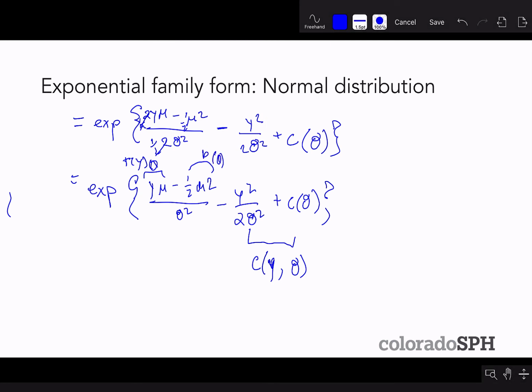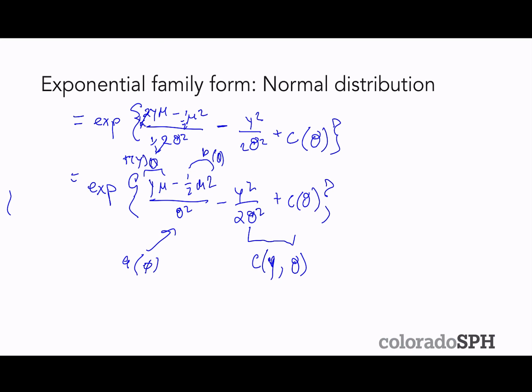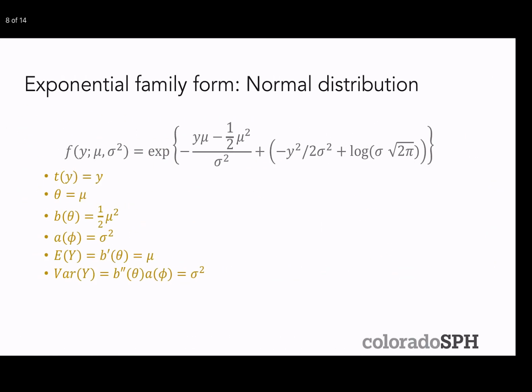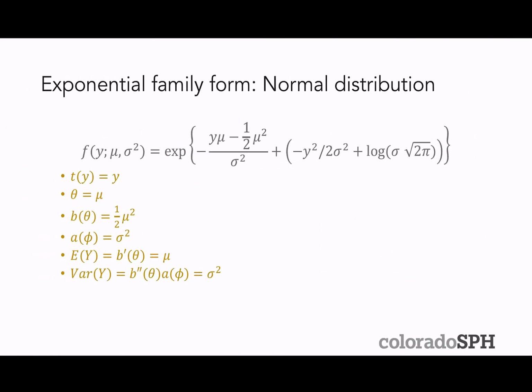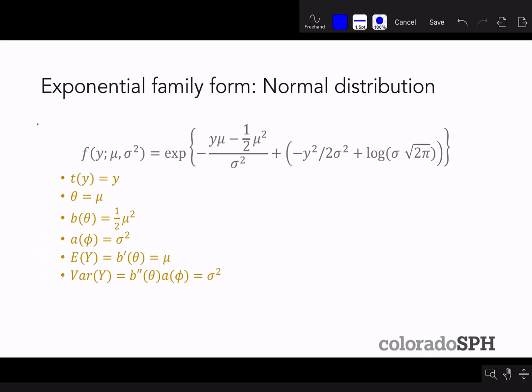And then down here you have a function of sigma, which would be your a of phi. I have that written out on the next slide in LaTeX, so it is easier to read in case you're having trouble reading my handwriting. But that's the derivation, and it gets you into this form for the exponential family.